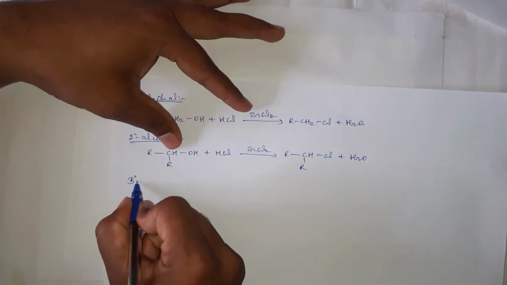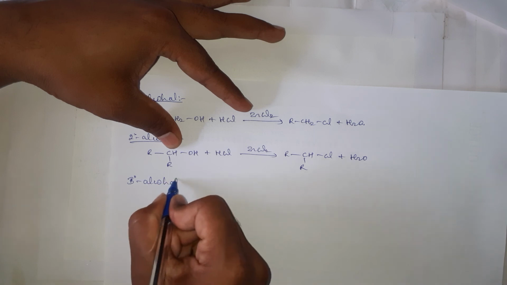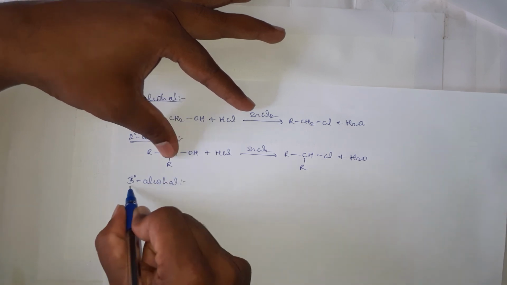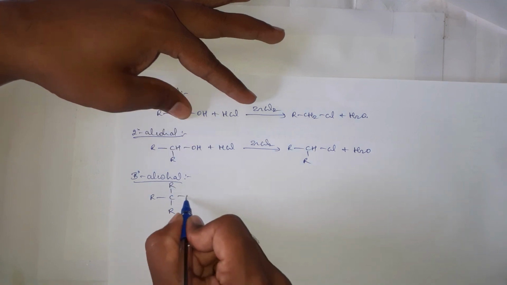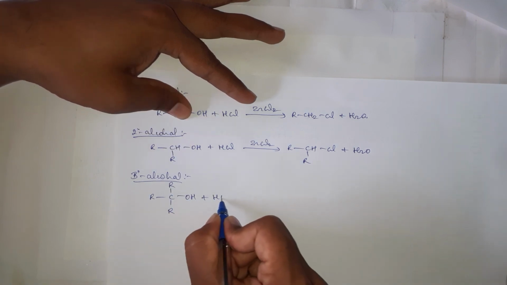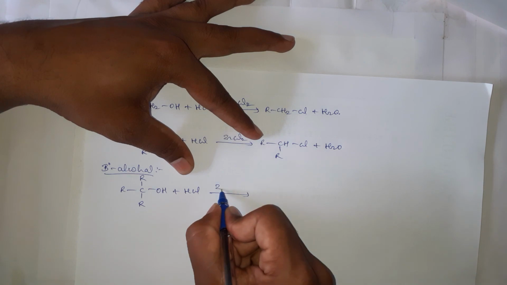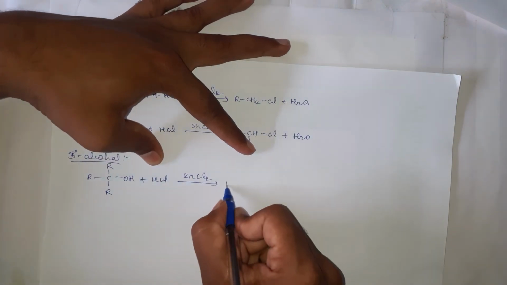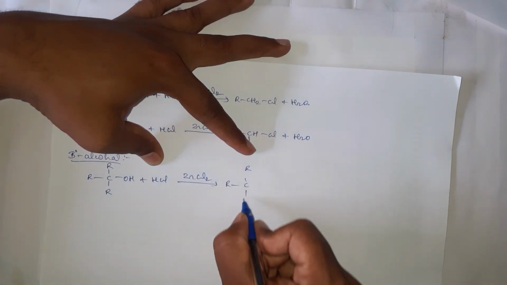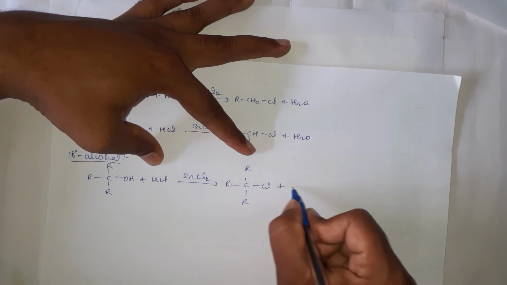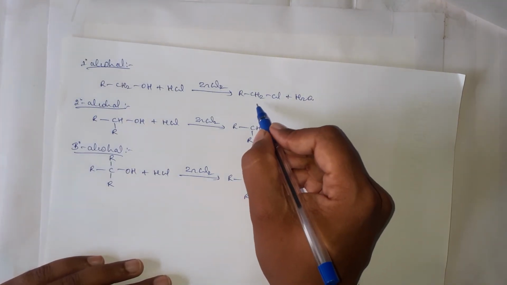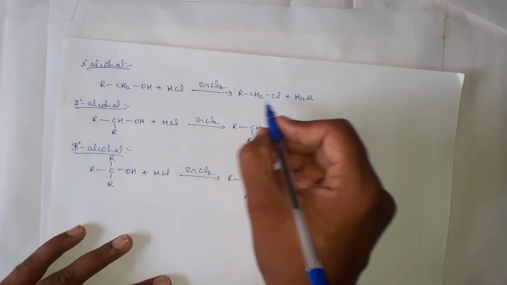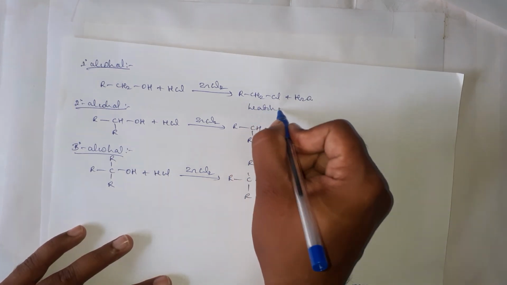Sorry, tertiary alcohol, RCRROH plus HCl, ZnCl2 gives RCRRCl plus H2O. Okay. And here we are getting this precipitate only on heating.